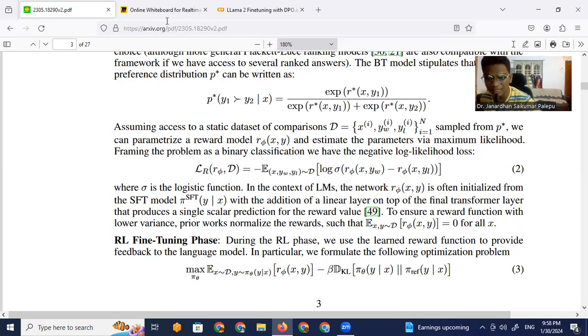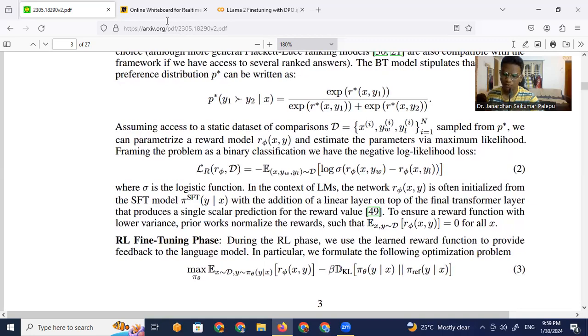Again, this is a negative likelihood loss. Generally the model tries to decrease the loss function, and since we have a negative sign, this term should be increased as much as possible.